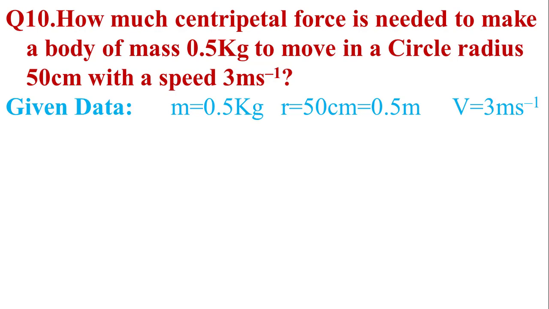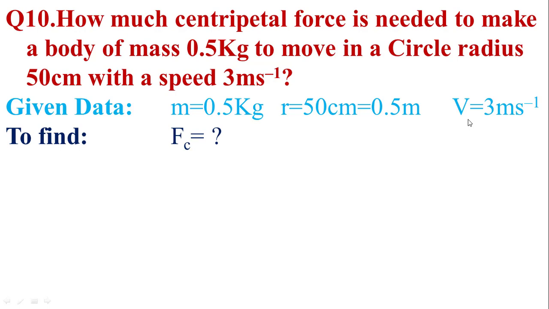Mass m is equal to 0.5 kg. Here the radius is given in centimeter, r is equal to 50 centimeter. Centimeter converted into meter is divided by 100. So radius r is equal to 0.5 meter. Here speed v is equal to 3 meter per second.